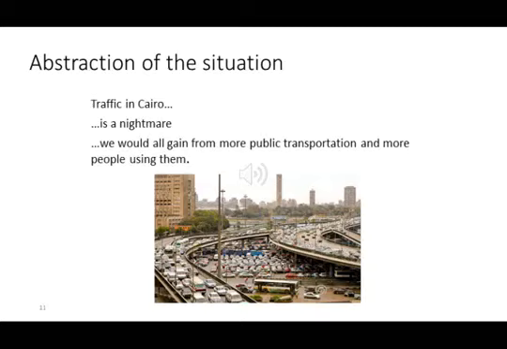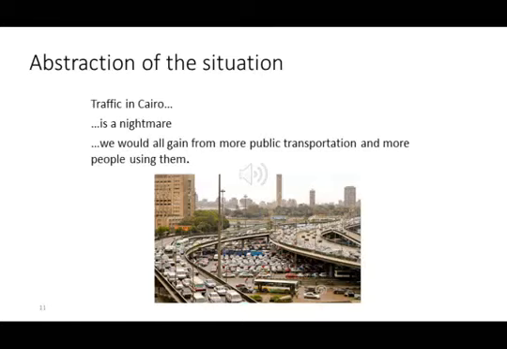Okay, so in Egypt, for example, traffic is horrible. Traffic is a nightmare. And everyone would gain from more public transportation and from more Egyptians using public transportation. So this is mainly the problem that we are facing, horrible traffic.